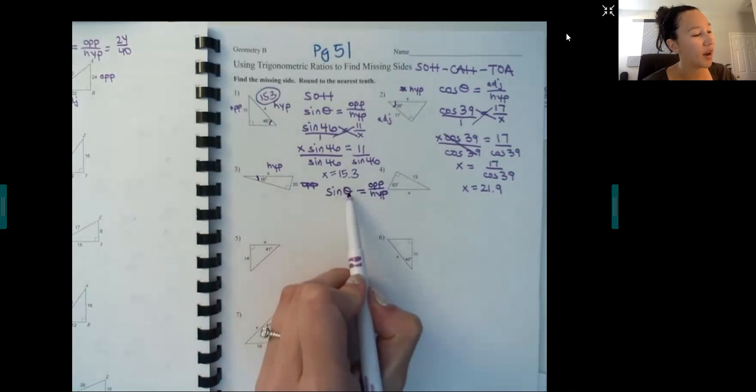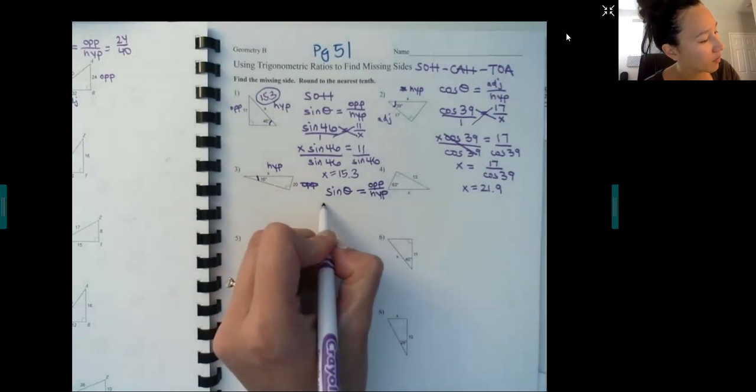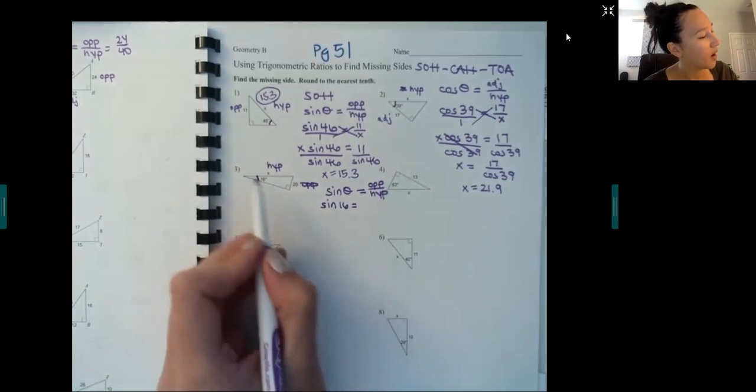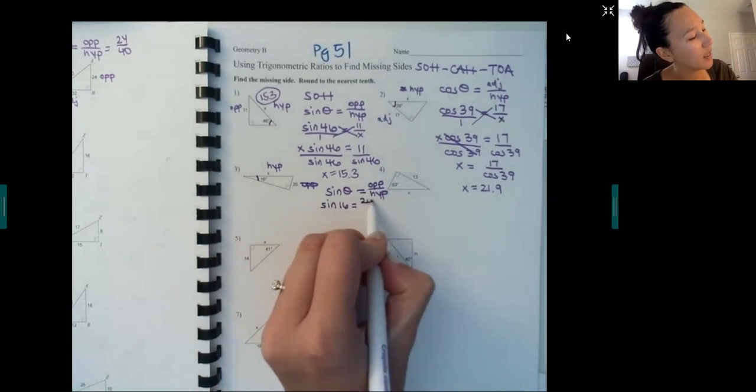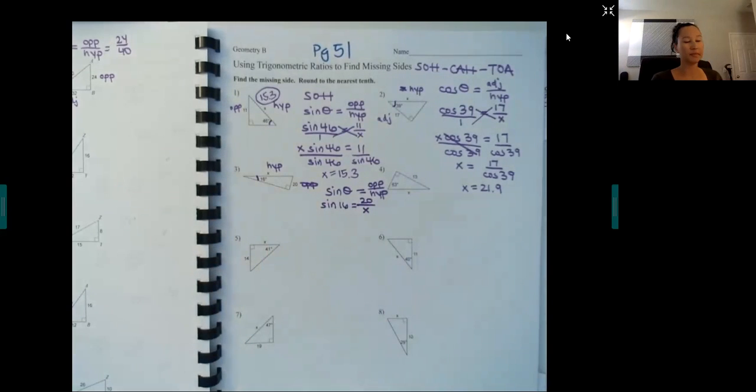So now we're going to plug in our angle, our opposite side, and our hypotenuse. So our angle is 16, our opposite side is 20, and our hypotenuse is x.